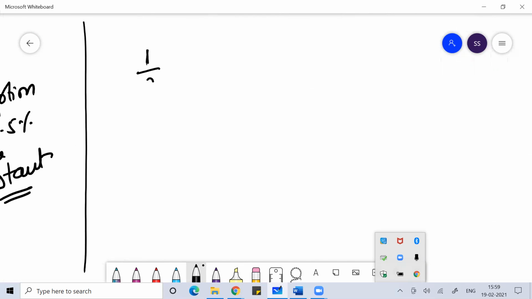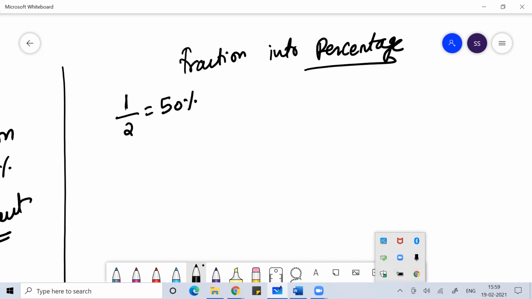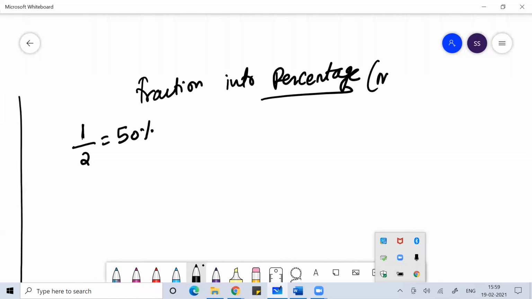I hope you remember 1 by 2 means 50%. Whenever you have to convert a fraction into a percentage, we multiply by 100.